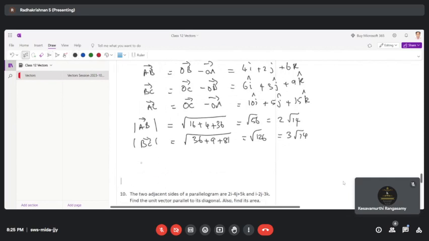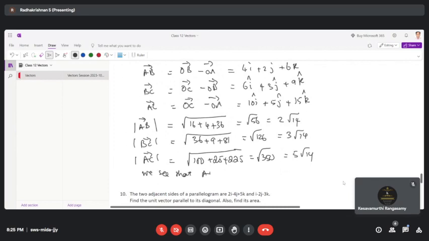So AC. 225, 250, 350. Again, you divide by 14, you get 25. So exactly 5 root 14. So we see that AB plus BC equals AC.